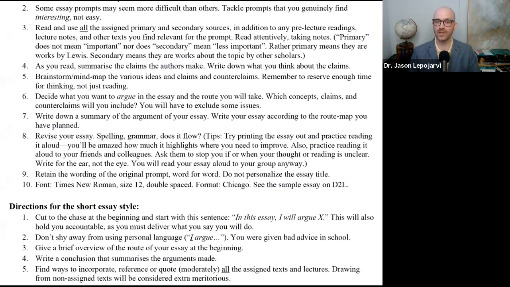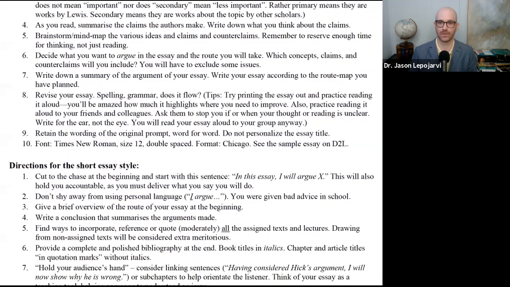5, brainstorm or mind map the various ideas and claims and counterclaims. Remember to reserve enough time for this stage, enough time for thinking, not just for reading and not just for writing. Obviously, thinking, reading, and writing are not mutually exclusive stages.